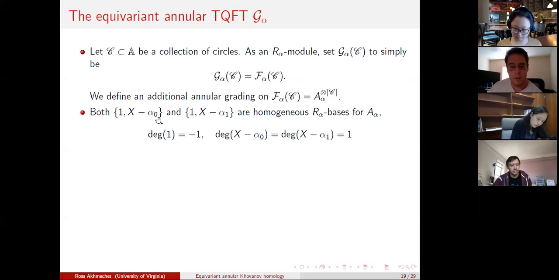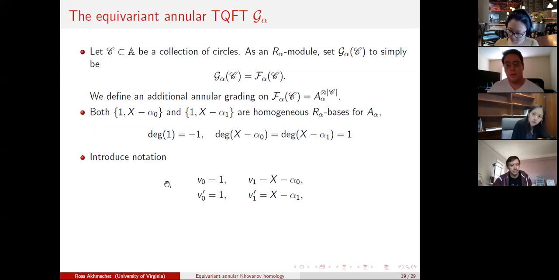And okay, so here's how this works. Both of these sets are bases for A alpha. You can take either 1, x minus alpha null, or 1, x minus alpha 1. These are homogeneous with respect to just deg, the quantum grading. I haven't defined the annular grading yet, but they're both bases. I'm going to introduce this notation.